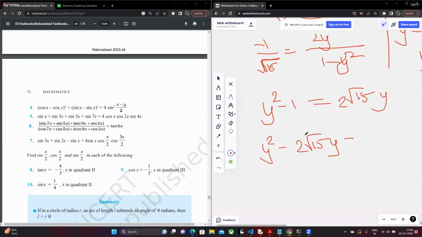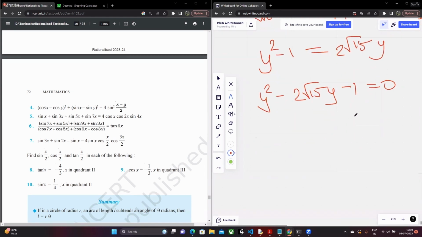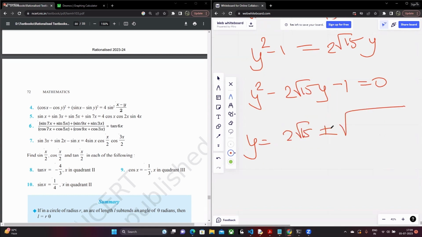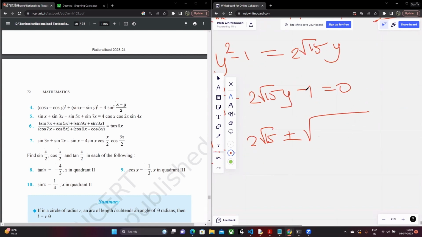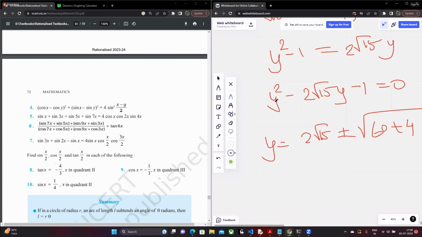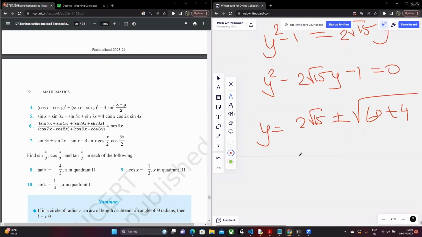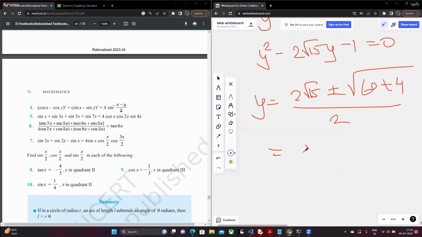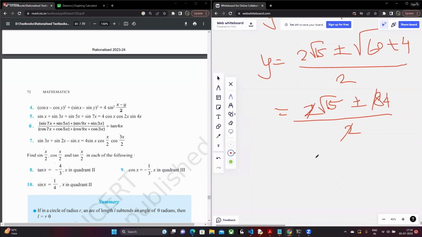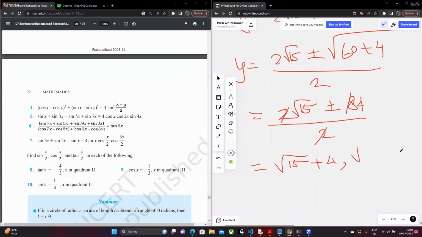Thus, y is equal to minus b plus or minus square root of b square minus 4ac, that is plus 4 into 1 into minus 1, whole divided by 2, which is equal to 2 root 15 plus or minus 8 divided by 2, because 16 plus 4 is 64, root 64 is 8. Right? And you can basically cut this off. This is root 15 plus 4 or root 15 minus 4.